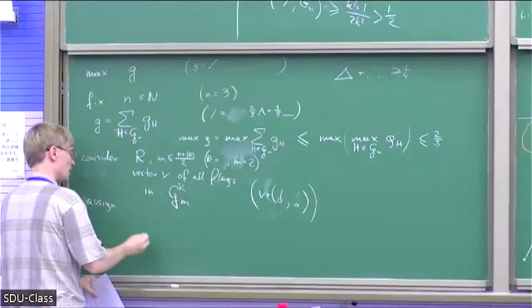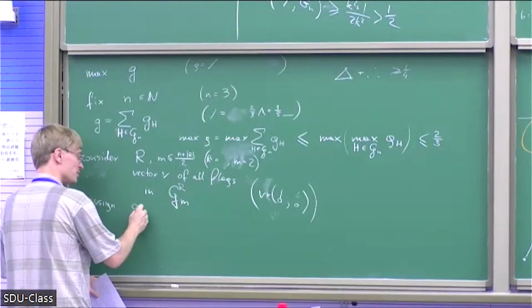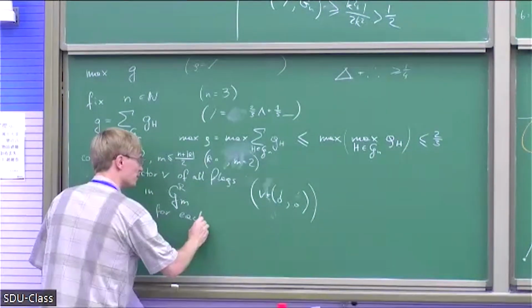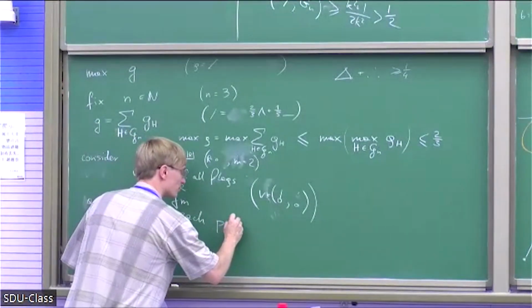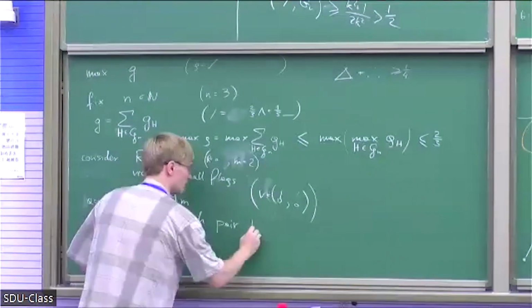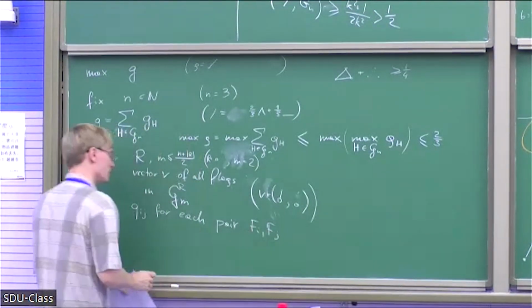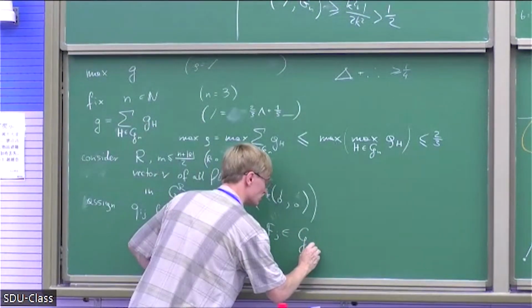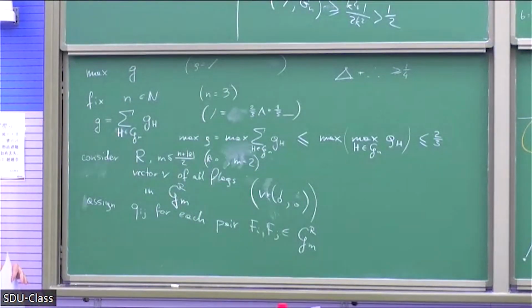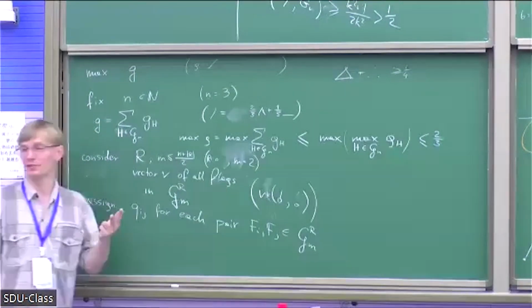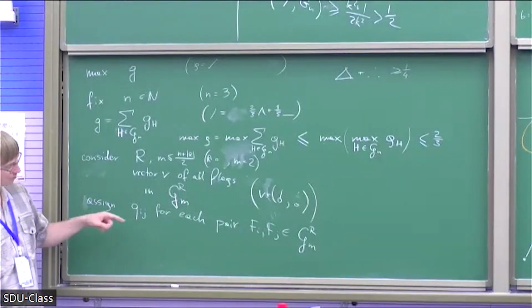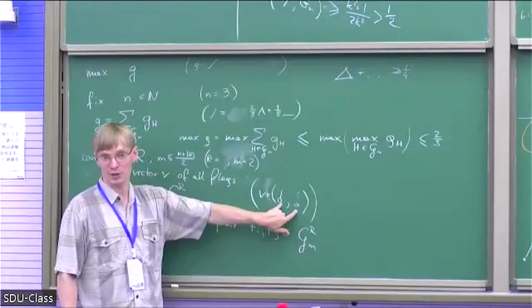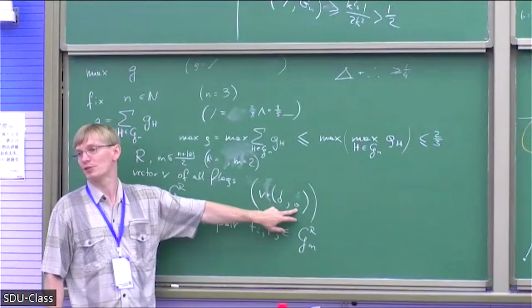Then I assign some variables U_ij for each pair of flags F_i, F_j. In my case, I will have 3 variables: one for the pair consisting of 2 times this guy, one for the different one, and one for 2 times the non-rooted edge.